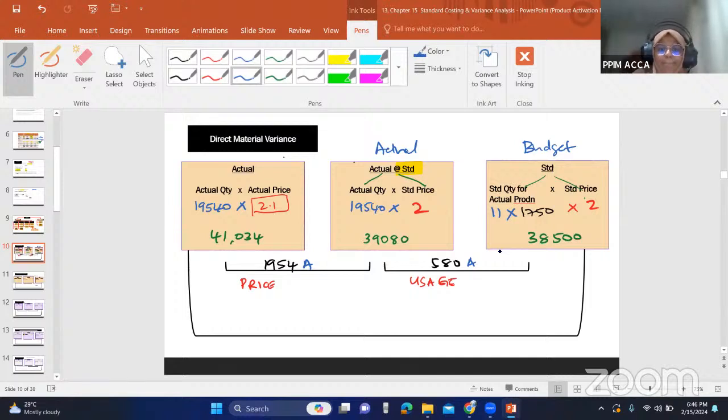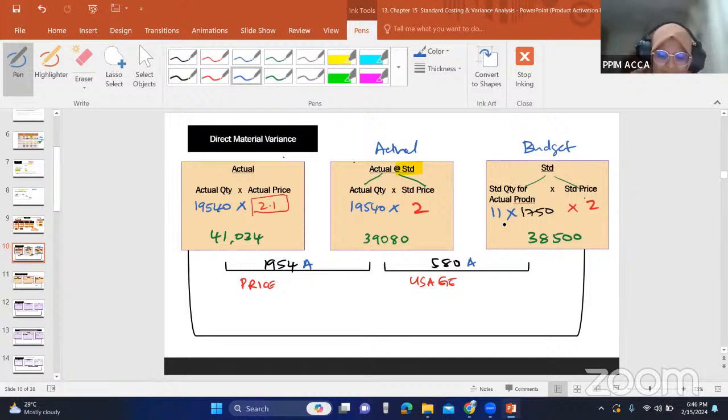Okay. So when it comes to the direct materials, both things have gone wrong. We have paid a higher price also. See, we have paid 2.1, whereas the standard was 2. And we have used more quantity than the budget as well. Think about it. What is 11 into 1,750?